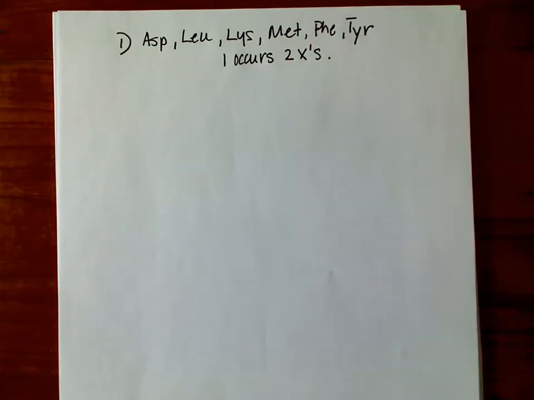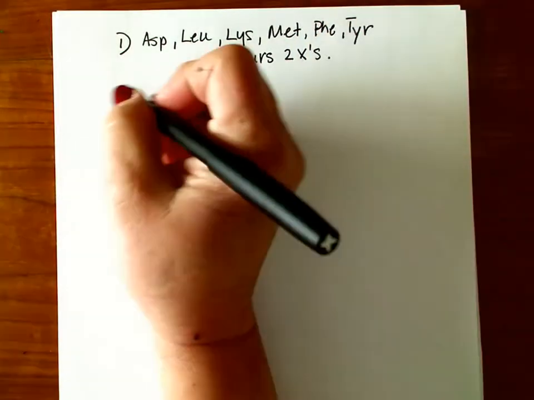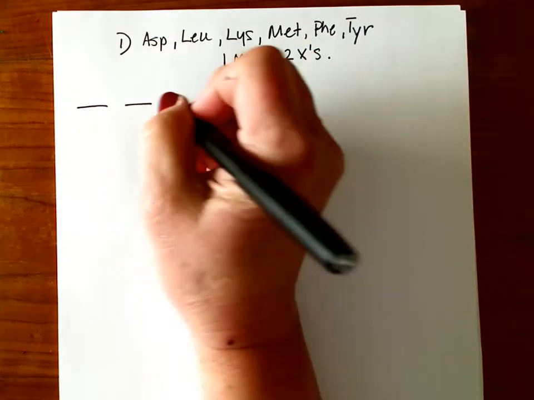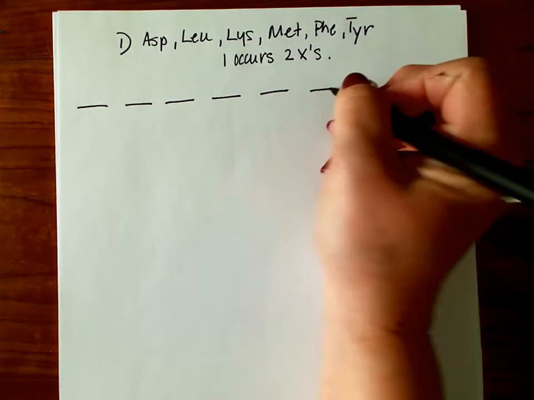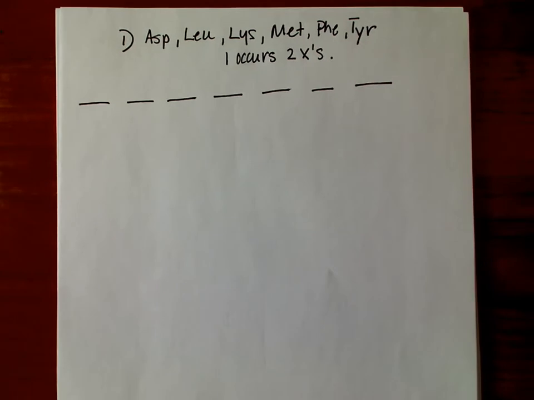Okay, so that's the information we have from the first step. And I'm going to draw my 7 lines. And keep in mind that each treatment or each step is done on the full polypeptide unless we're told otherwise. Okay? So in 2, we're given 4 different sets of treatments and observations.